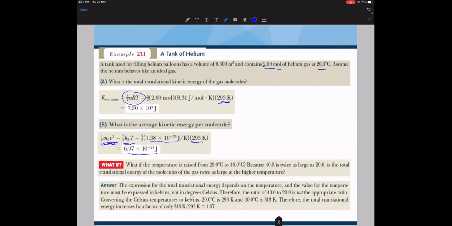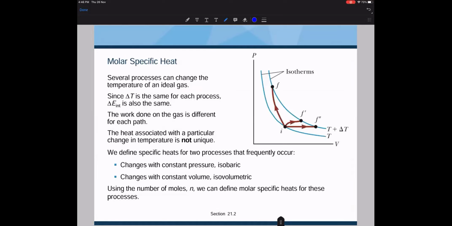Now, why do we need to talk about all these energies? It's because when we are trying to put in heat, or when we're trying to change the temperature of the system, it sometimes involves a change of the internal energy.